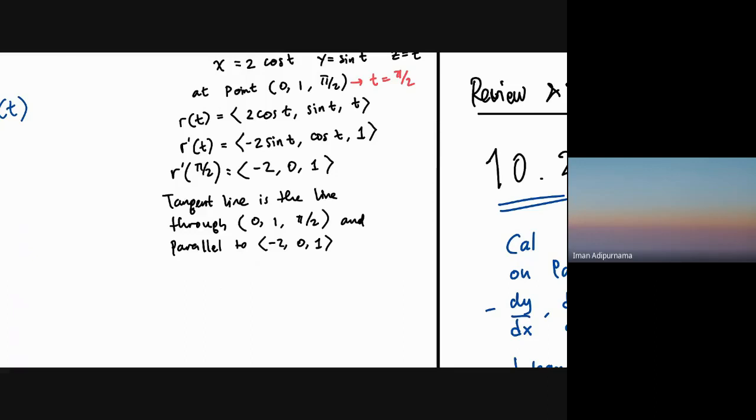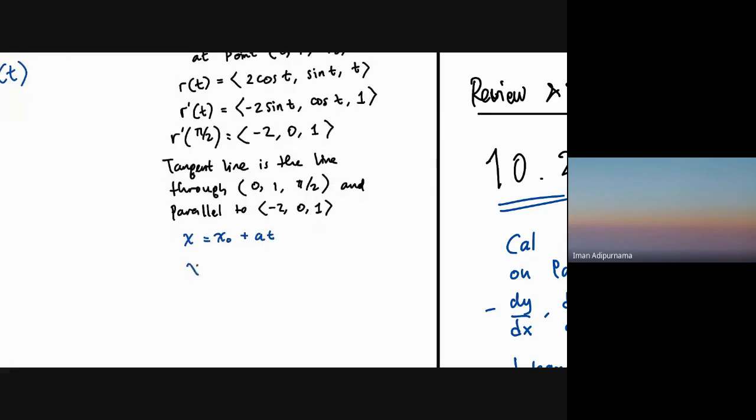Okay, remember how to find the line. So x: because x0 is 0, it's -2t, and y is just 1 because it's plus 0, right?